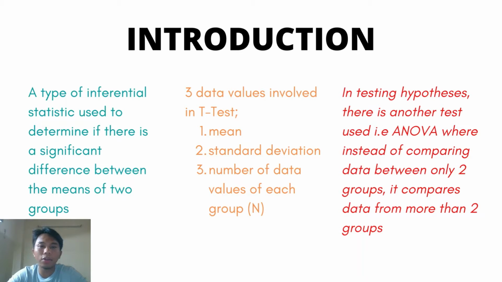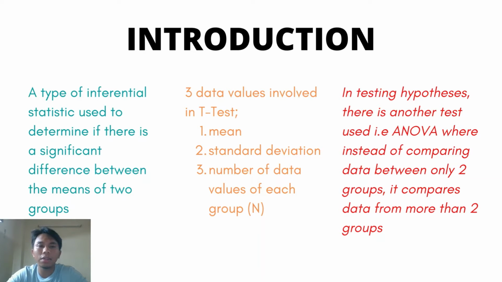So me and my group mates are going to present on an important topic, which is t-test. As we know, t-test is one of the components that is used in SPSS in order to test our hypothesis. So what is t-test?